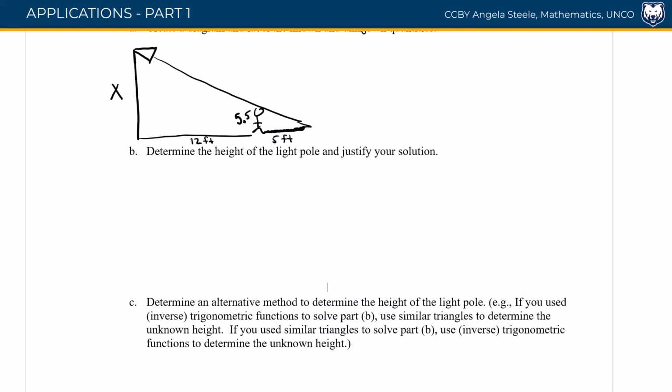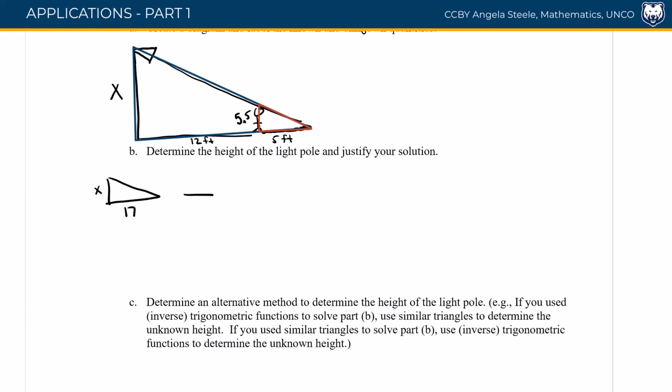All right, so the two ways that we can solve this, let's first start with our trig functions. When we look at our triangles, I'm going to draw the two separate triangles. The bigger triangle, we have one side is 17, and this side is the x.